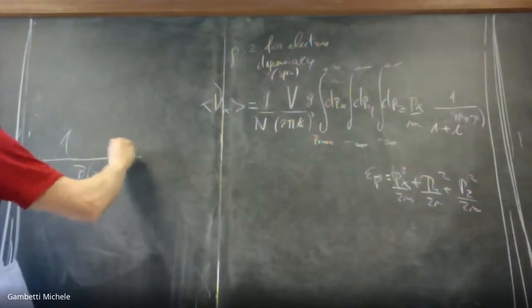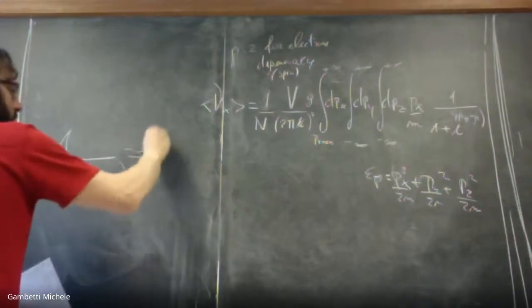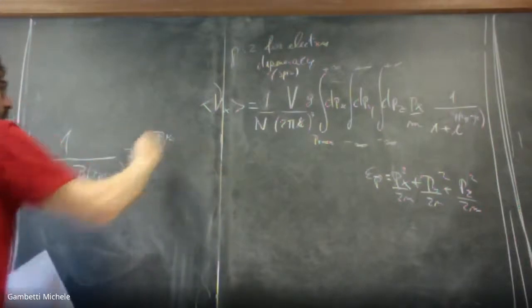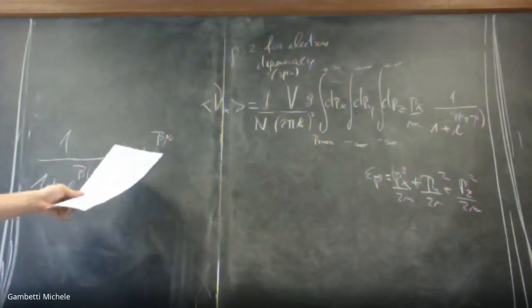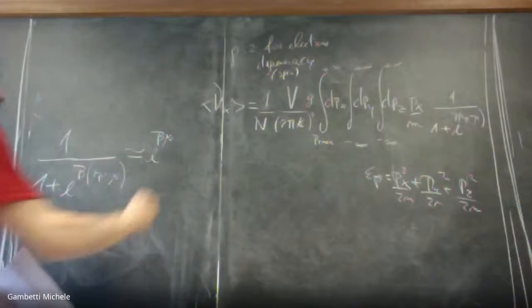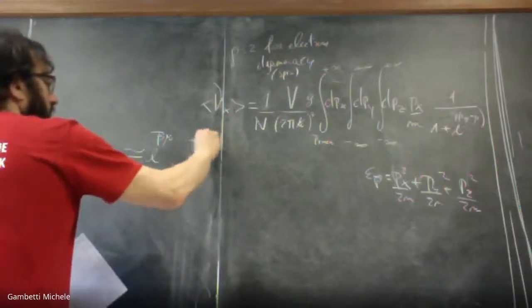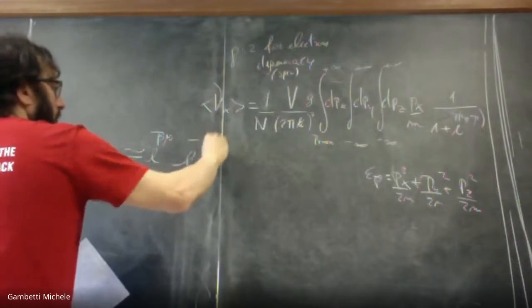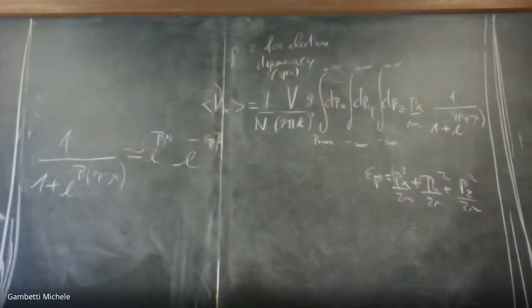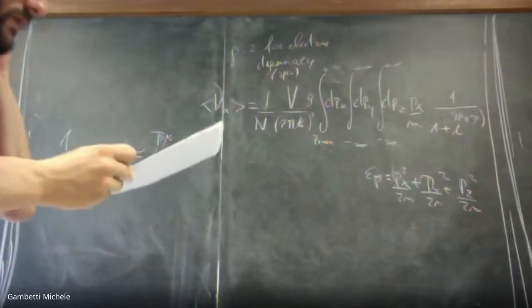You do the classical limit, which is e to the beta mu, an external multiplicative factor, times e to the minus beta epsilon p. Is it really possible to do this limit?